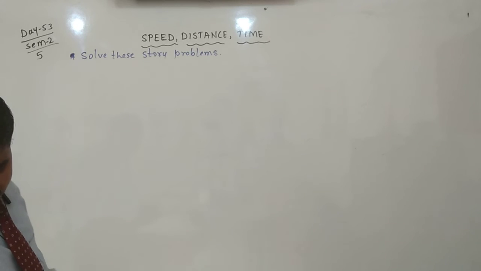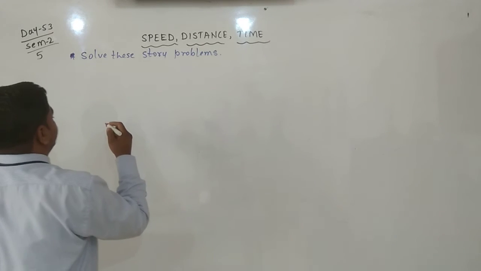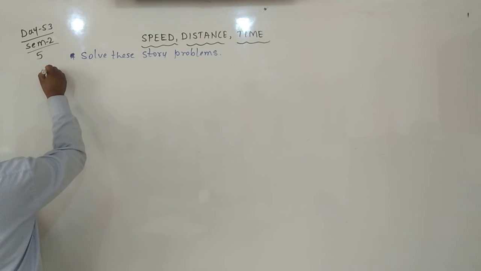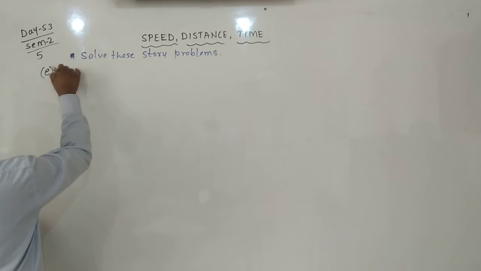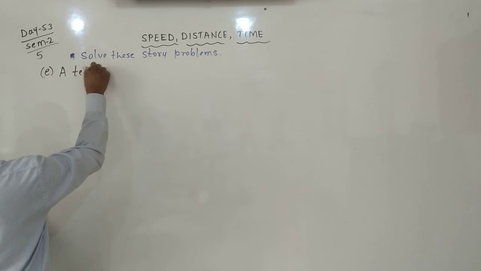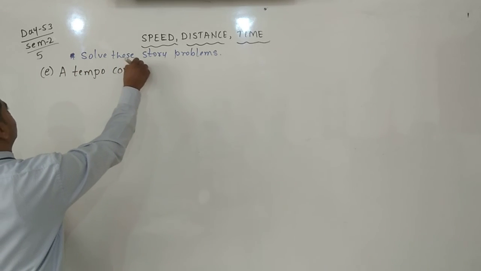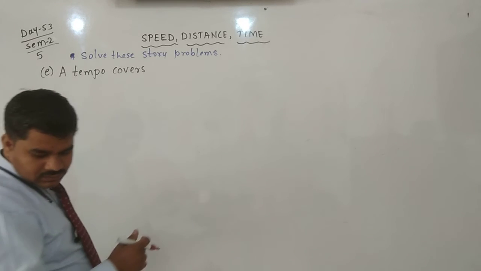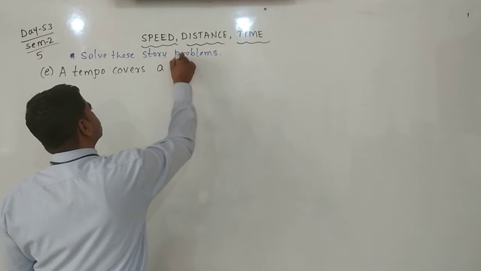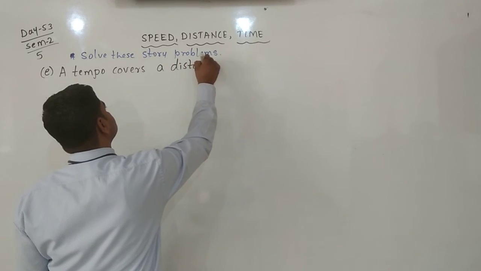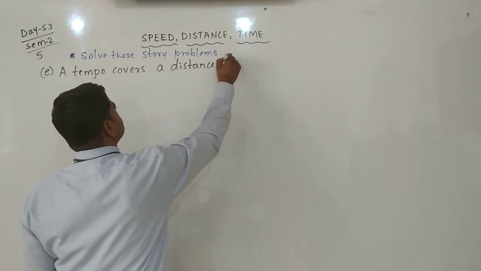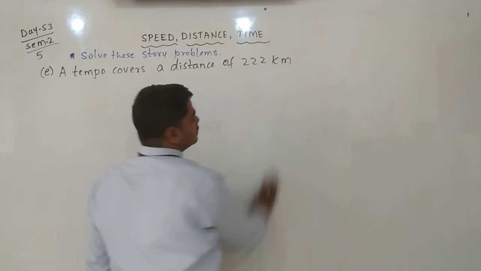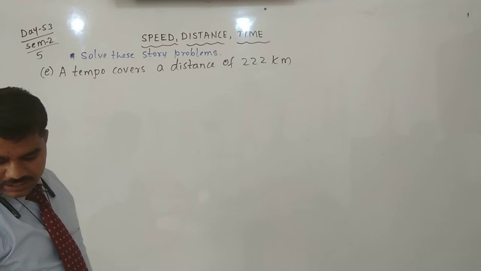A tempo covers a distance of 222 kilometers in 3 hours.